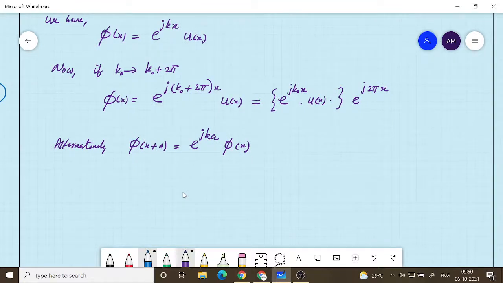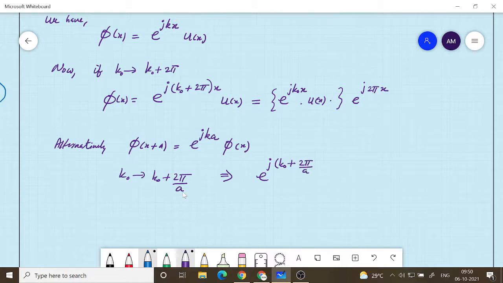Now if I put the same thing, k naught going to k naught plus 2 pi, then what will happen? I'm trying to say something very important.